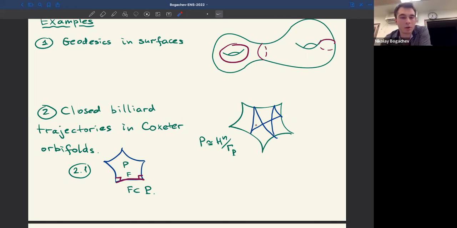A very particular example is if you have a side which has right angles with adjacent sides. In this case, this will be just a totally geodesic subspace, since you will bounce between these two sides, and that's it.